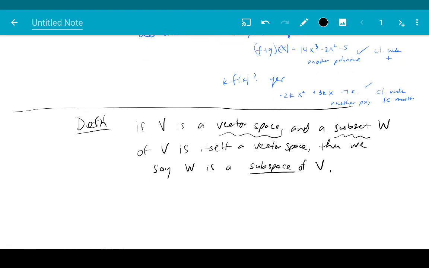Okay, we'll do some examples in a second. The cool thing is, this is actually a theorem that's in the book. It's called the subspace theorem.